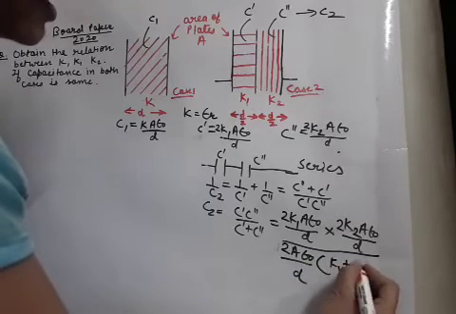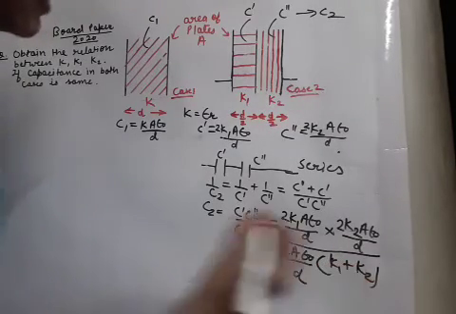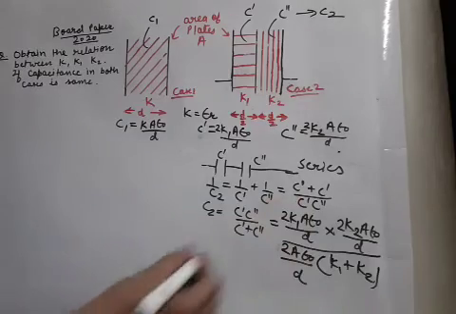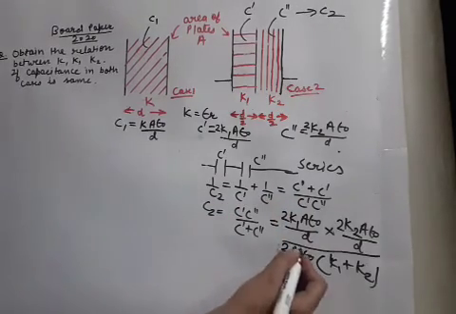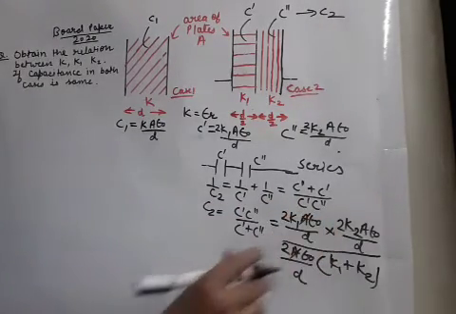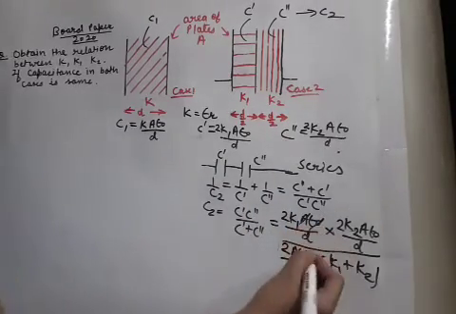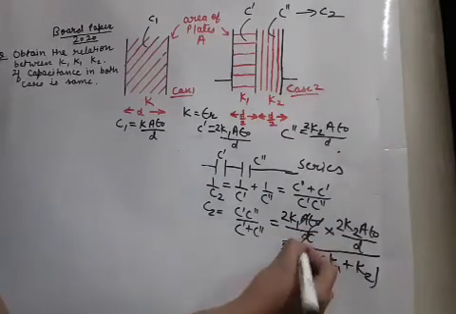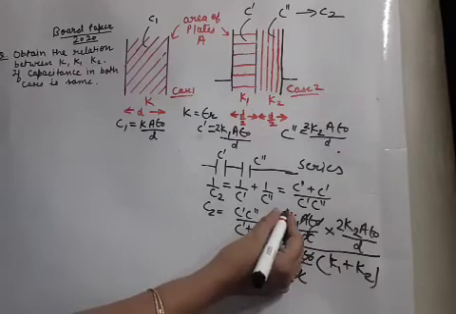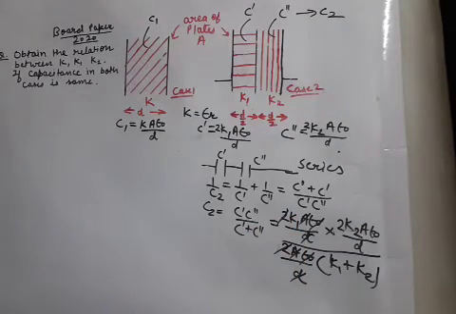In the bracket K1 plus K2 will remain. Now let us cancel from the numerator side. One A will cancel, one epsilon 0 will cancel, one D will cancel, one 2 will cancel.